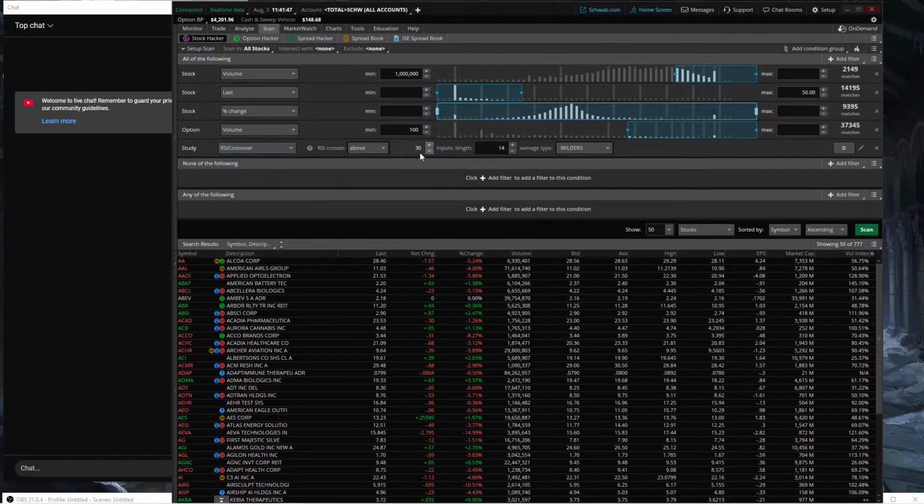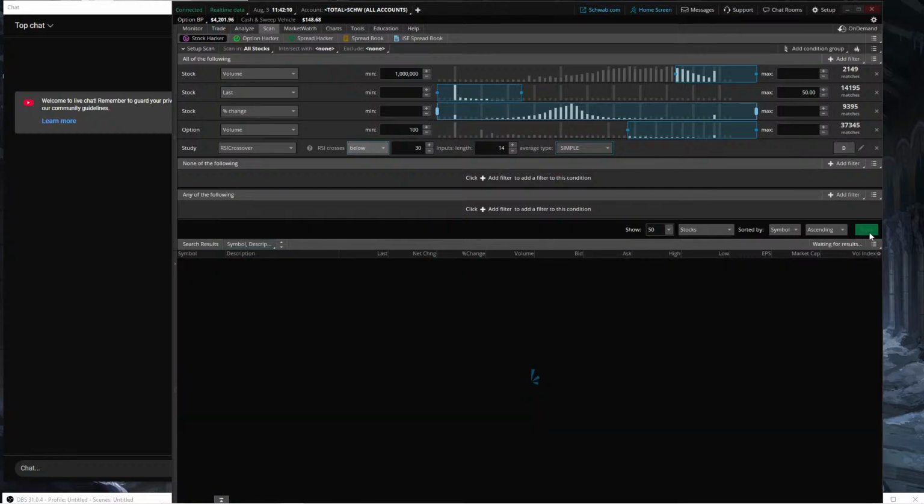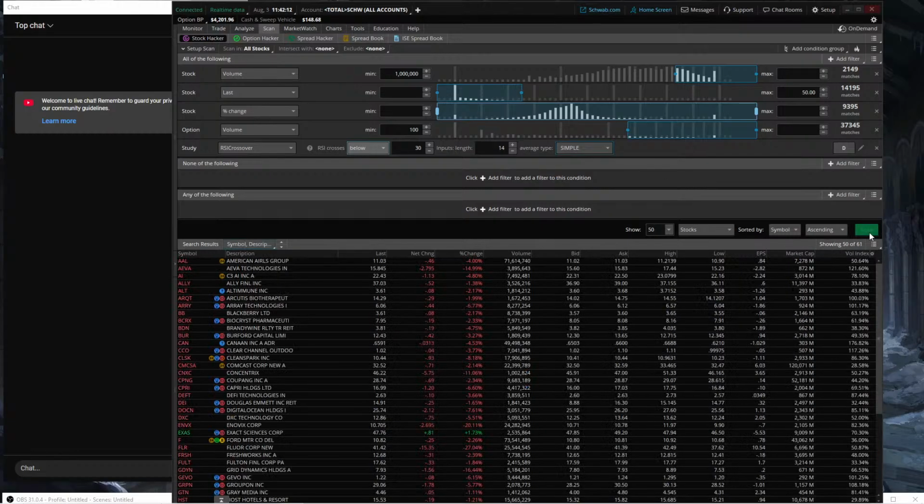So if 30 is oversold and we want to sell puts for the start of this strategy, we want the RSI to be crossing just above the 30. Let's see what happens when it crosses below the 30. Hit that. Give it a simple moving average. We'll hit scan. 61 stocks. Okay. So we narrowed it way down, and that's really good.